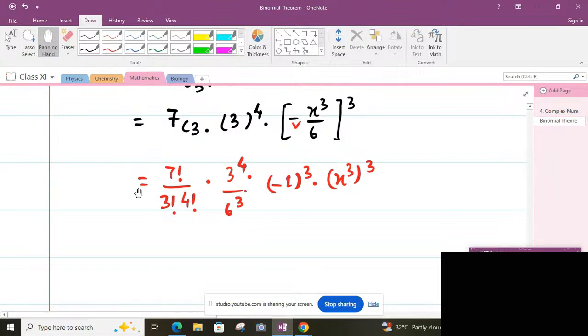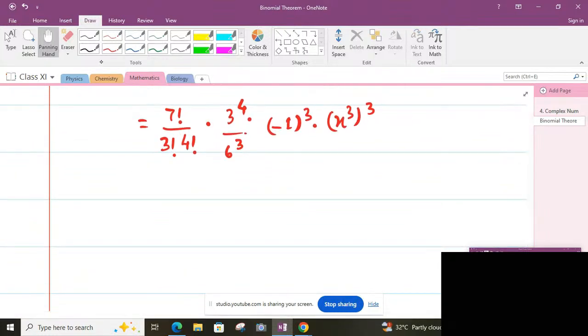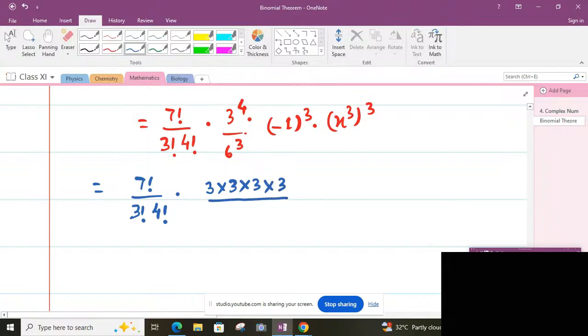Next step here will be equal to factorial 7 by factorial 3 into factorial 4. Here will be 3 into 3 into 3 into 3 by 6 into 6 into 6, and here will be into minus 1. Minus 1 repeated 3 times, then we get minus 1 into x to the power 9.